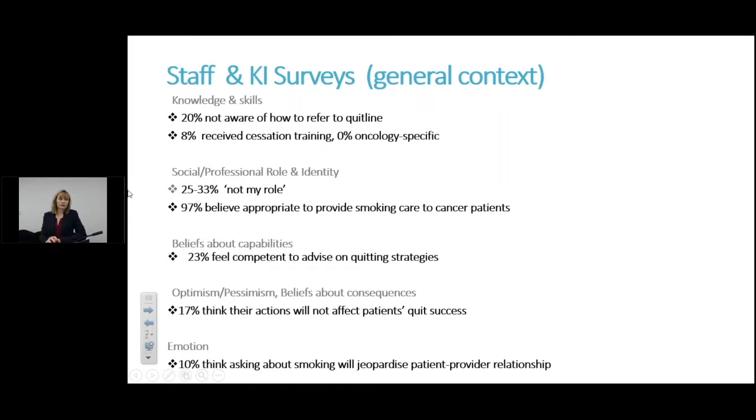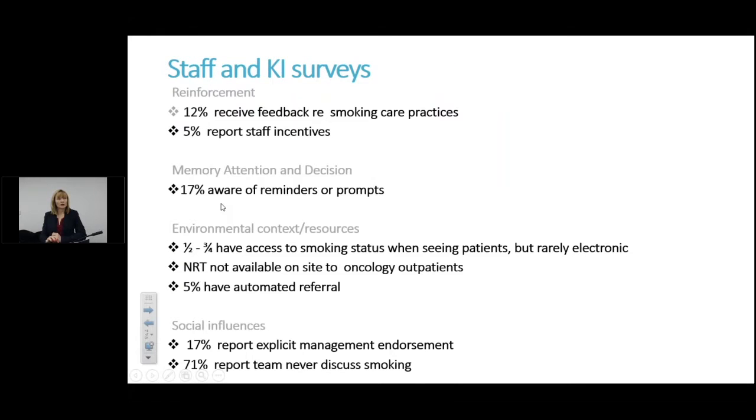In terms of emotion, one thing that we were concerned about is whether staff saw it as detrimental to the patient-provider relationship to ask about smoking, and only 10% thought that that was the case. In terms of reinforcement, 12% said that they'd received feedback about their smoking care practices, and 5% reported that there was some form of staff incentive if they were to provide that care, which is actually higher than I thought. I didn't think that anybody would be getting incentive.